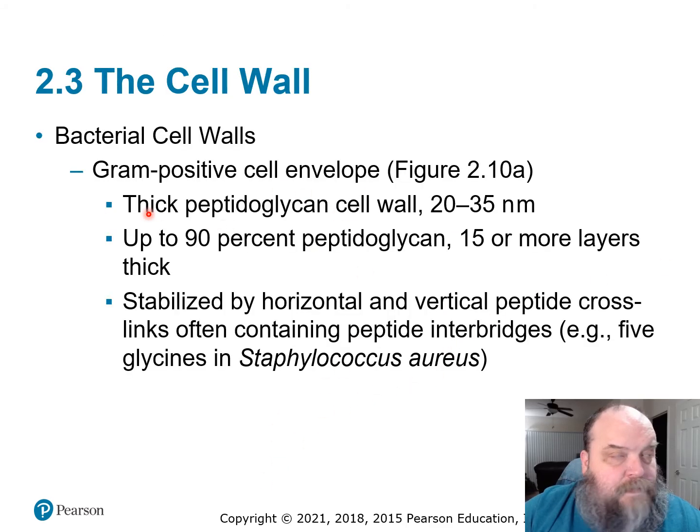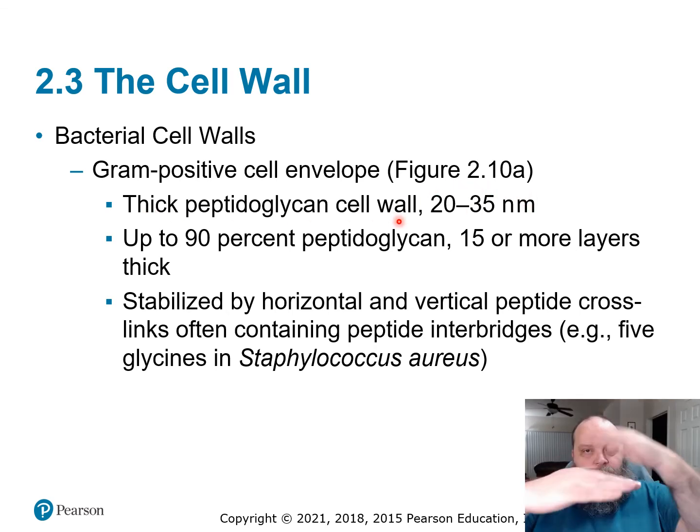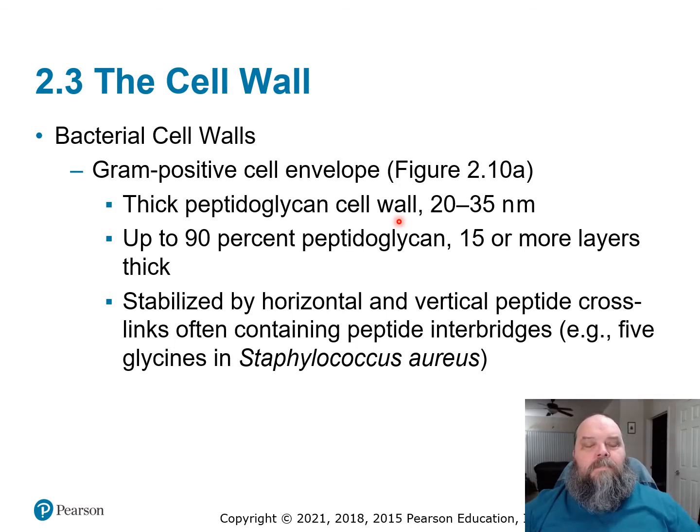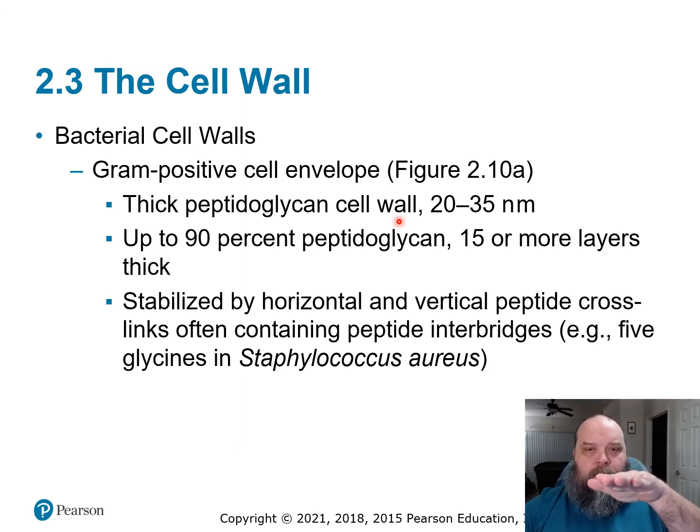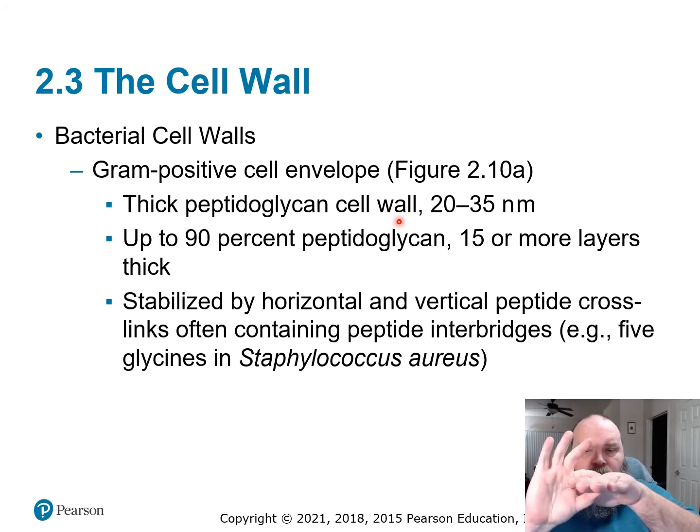The gram-positive cell wall is going to have multiple layers of these NAGs and NAMs, sheets. Think of it almost like sheets, is the way it was taught to me. You look at a sheet of paper, and it turns out that sheet of paper is made of fibers. Think of that like our polymer of NAG-NAM. Since they're all cross-linked together, wherever this one moves, all the rest have to move too.